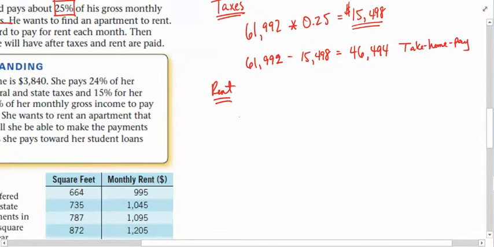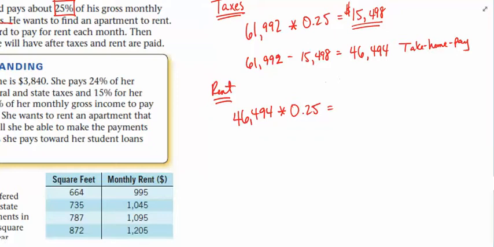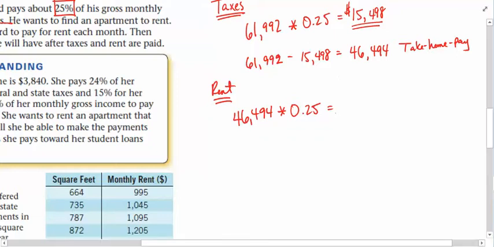So his take-home pay, the actual cash that he gets to spend on stuff in his life, is $46,494. And again, we agree to pay 25% of that number on rent. And 25% of $46,494 is $11,623.50.